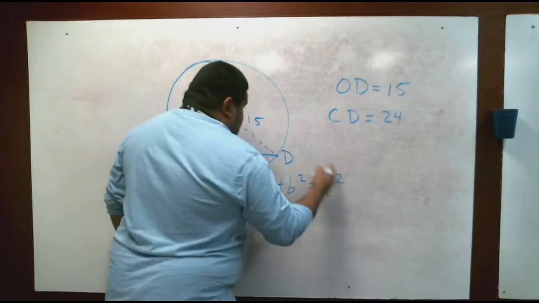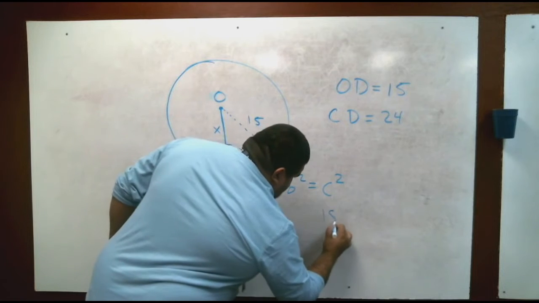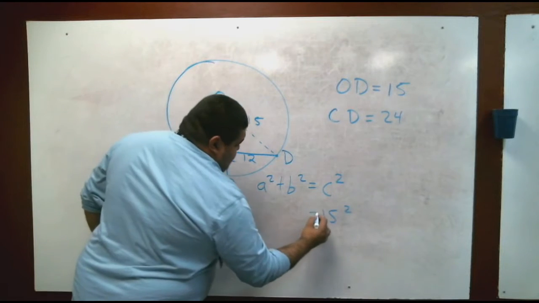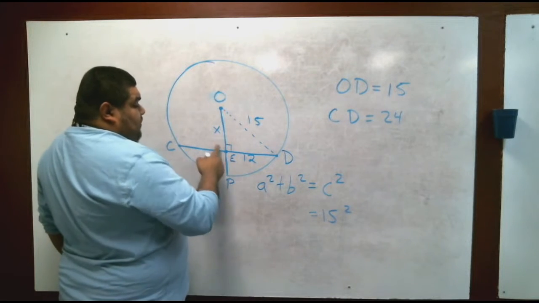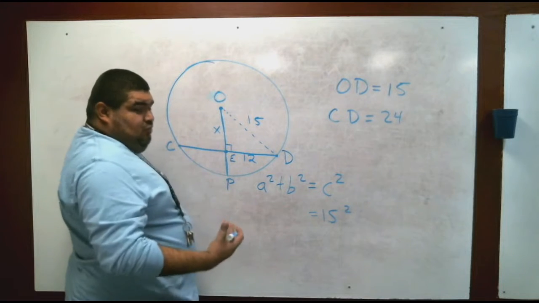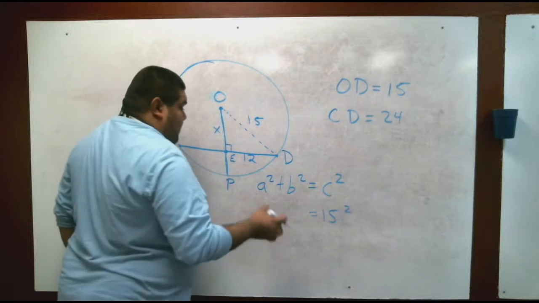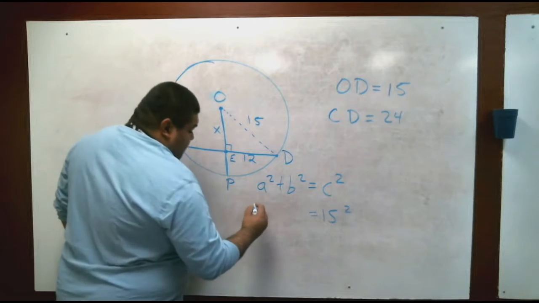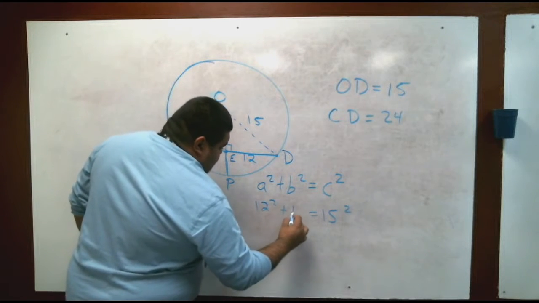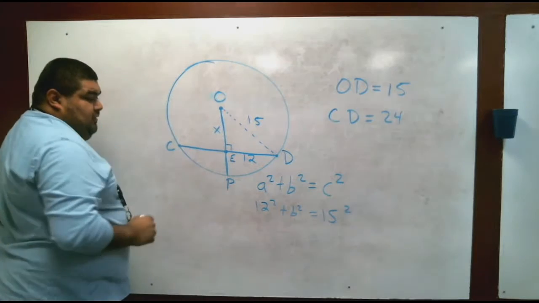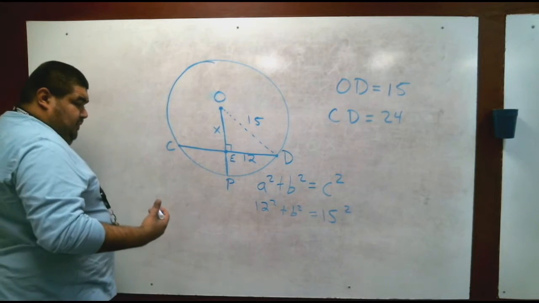So in this case, C is 15 squared. It doesn't really matter which one is A and which is B, as long as C is always your slanted height. I'm going to choose 12 as A, so 12 squared plus B squared, because we don't know what B is, so let's solve for it.